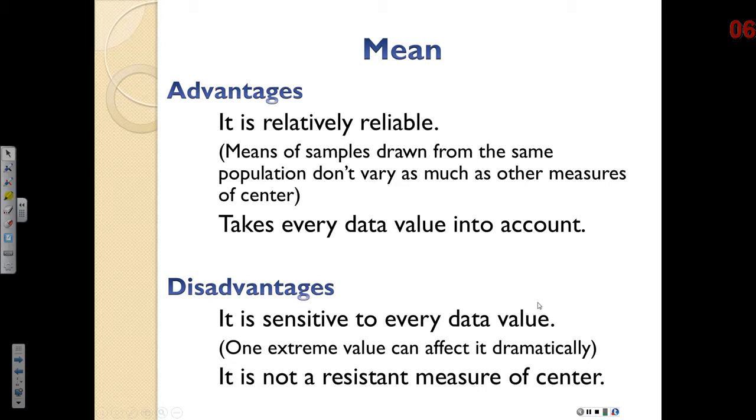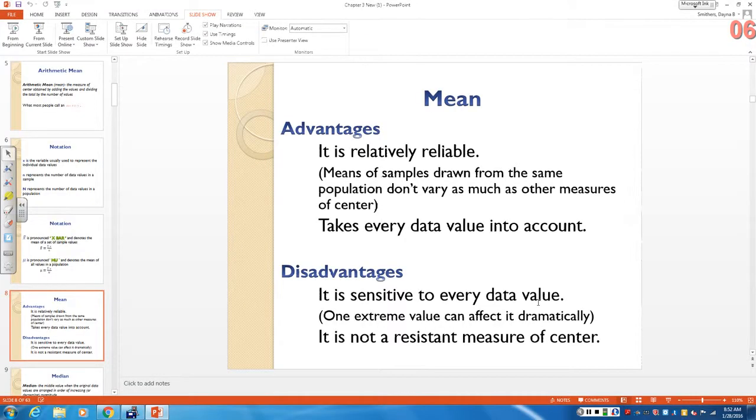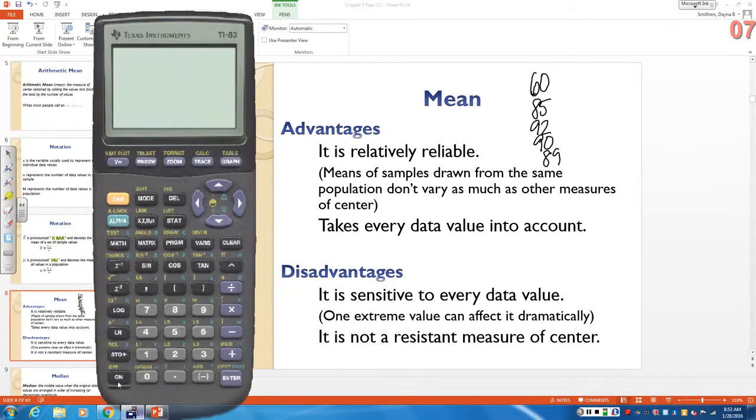For example, a student with some test grades: on the first test it was rough going, you got maybe a 60. But then you buckled down and came through, and got an 85, a 92, a 90, and another, say, an 89. So let's take the average of those grades.